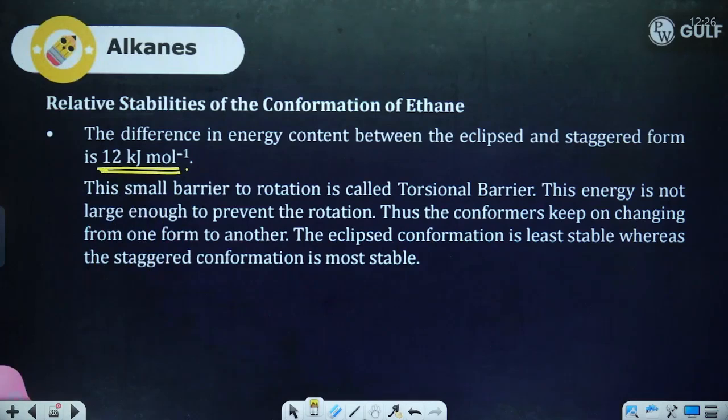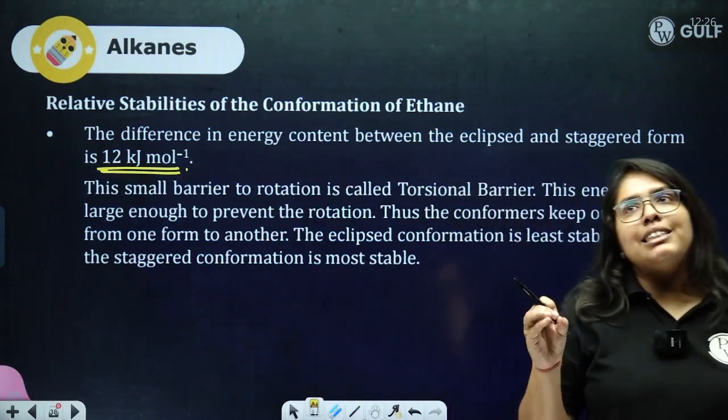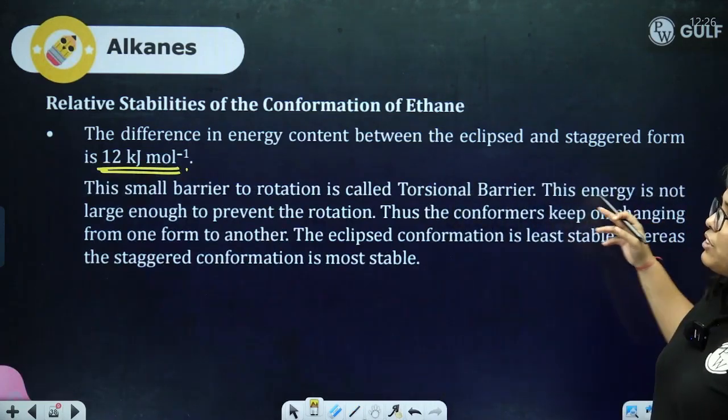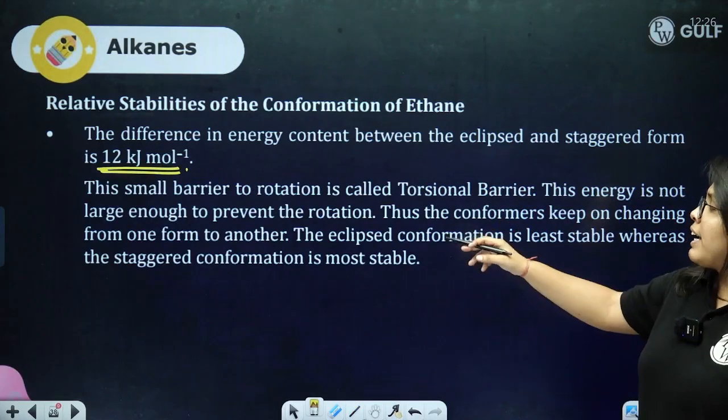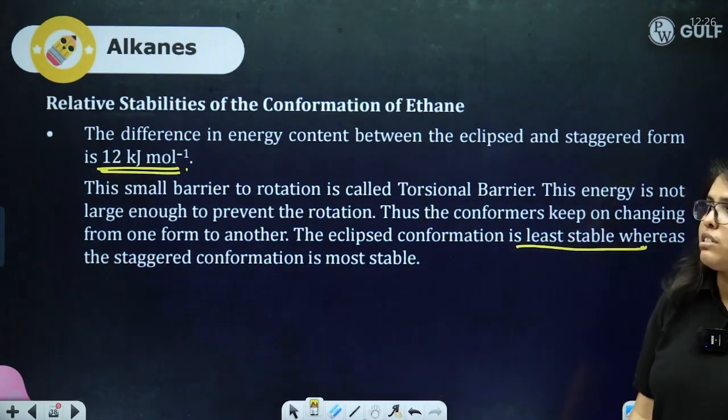This energy is not large enough to prevent the rotation. See, if the energy were more, it would have prevented the rotation. But it is so small that it rotates happily. At room temperature, both eclipsed and staggered forms are seen. Thus, the conformers keep on changing from one form to another. The eclipsed conformation is least stable, whereas the staggered conformation is most stable.